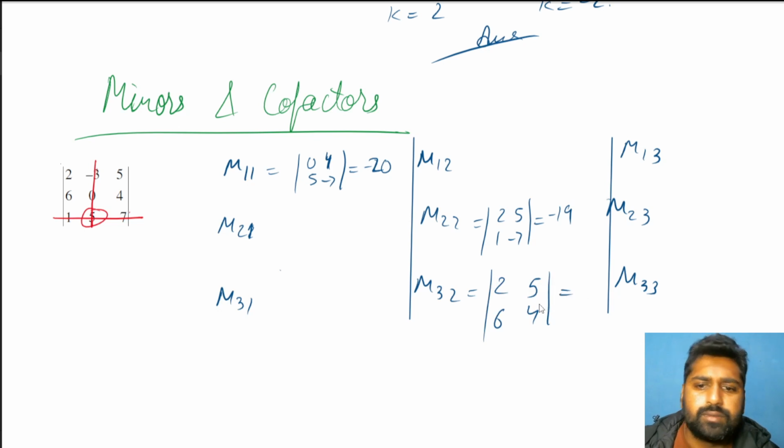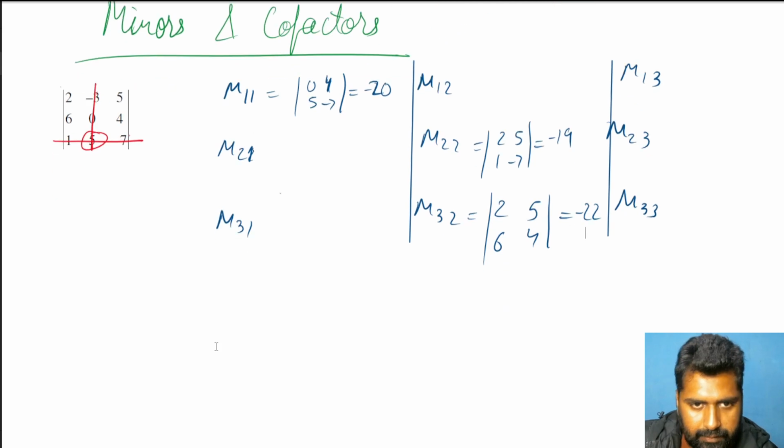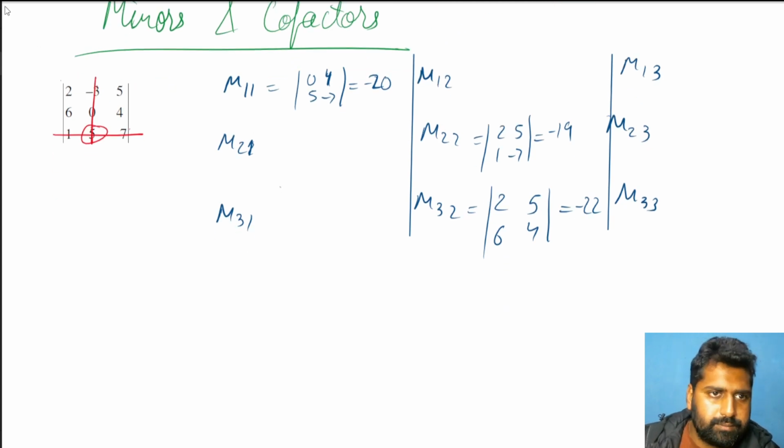Calculate the determinant. You'll get 8 minus 30, so minus 22. That gives you the idea. Now that's your minor, capital M.